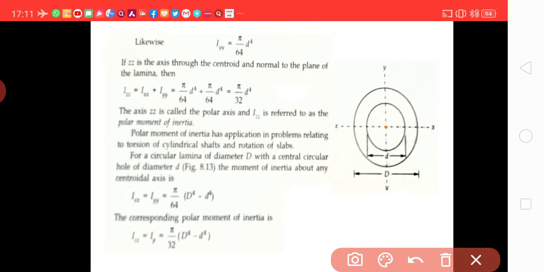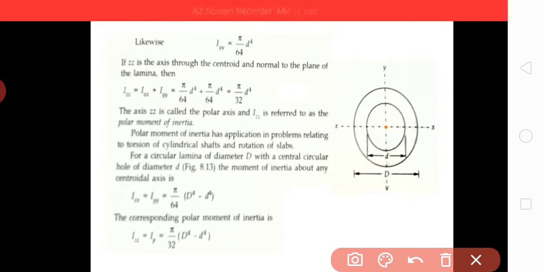Then, as we have studied in the previous lectures, Iz equals Ix plus Iy. So when adding these two, the polar moment of inertia becomes pi d to the power 4 over 32. This axis zz is called the polar axis and Iz is referred to as the polar moment of inertia, as we studied in the previous lecture also.